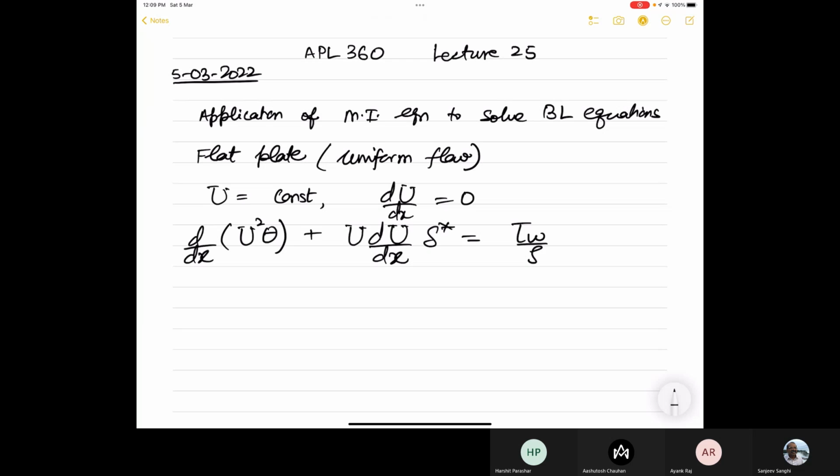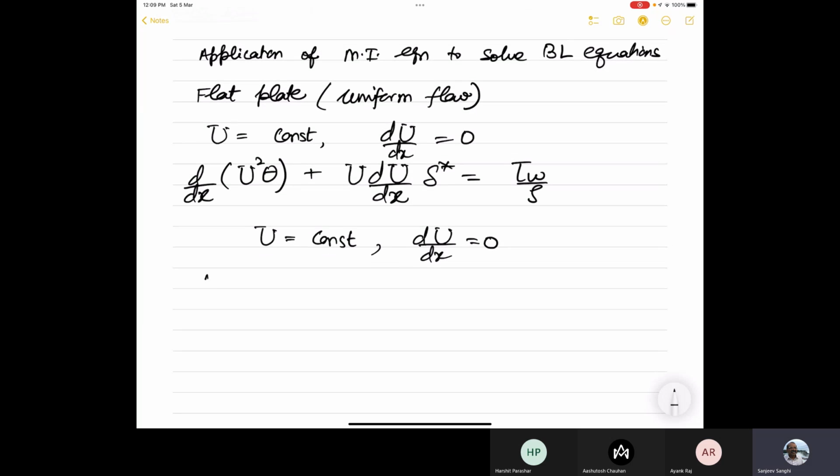So for flat plate uniform flow, capital U is constant. This implies dU by dx is 0. And the equation then becomes U square d theta by dx is equal to tau wall by rho. So now this is the equation we have to solve.